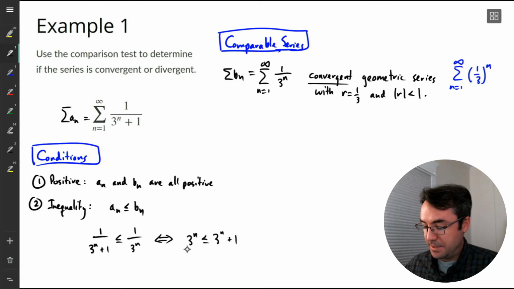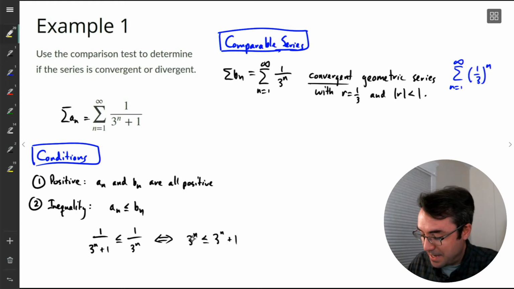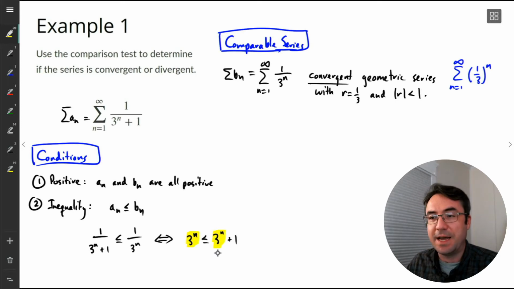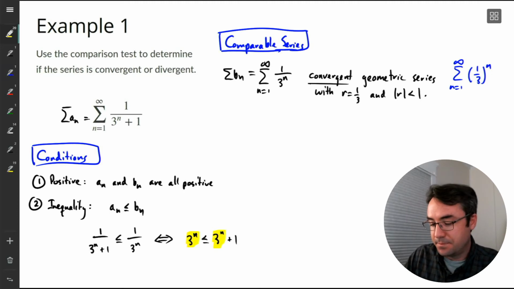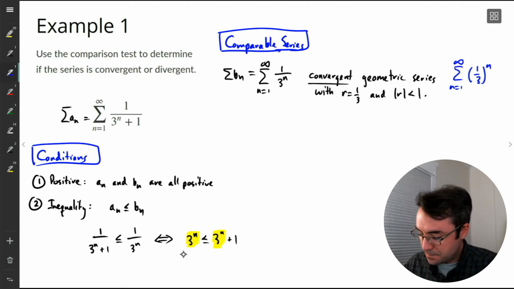And here we get 3 to the n is less than or equal to 3 to the n plus 1. And that's clearly true because we have the same quantity on both sides, but on the right side we're adding 1. So this right side is clearly more. So this is clearly true.